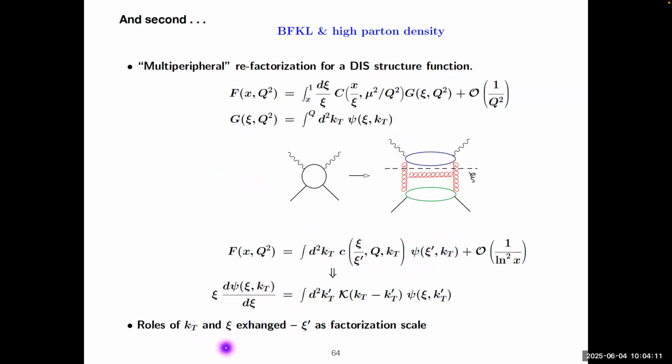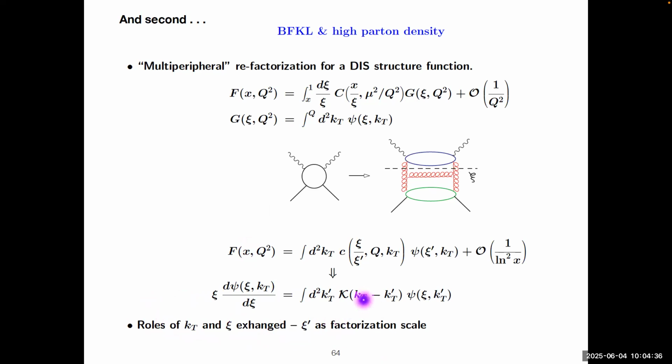But here, at very, very high energies, the incredible insight is that the roles of the transverse momentum and the momentum fraction of the gluon are exchanged. And the momentum fraction becomes like a factorization scale, while KT becomes the active part of the convolution.